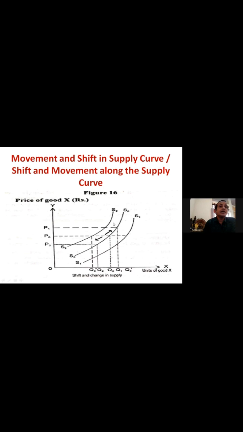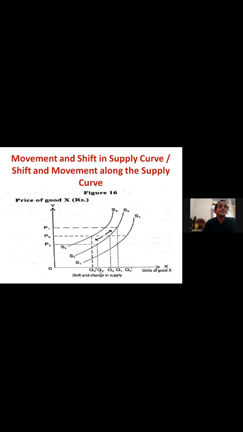Then if we assume that price has decreased from P0 to P2, when price decreases, the quantity supplied will be OQ2, this one.